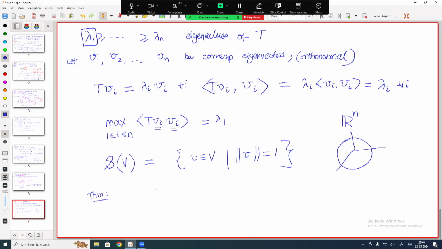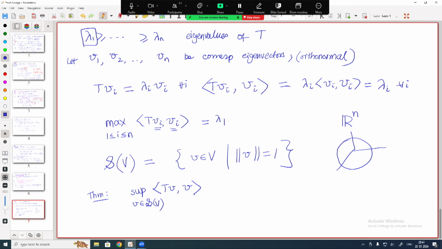If you take vectors coming from this unit sphere and you compute this quantity Tv comma V, I am going to take the supremum of this function as V varies over the unit sphere. Supremum is like saying the maximum, except if it does not exist, you still approach the maximum.